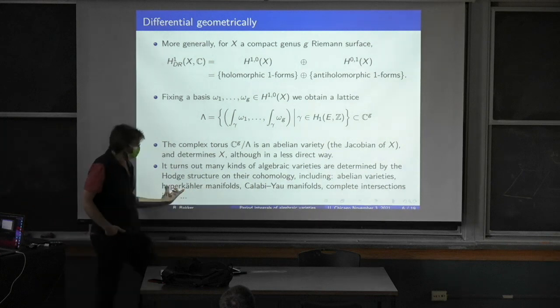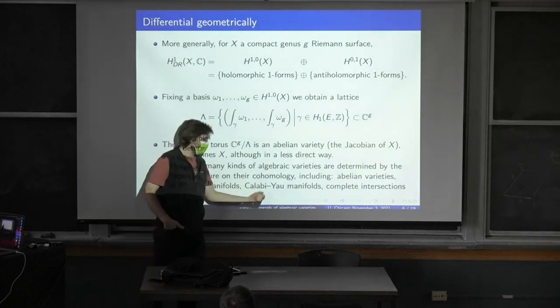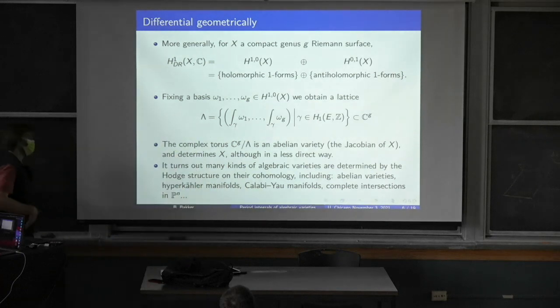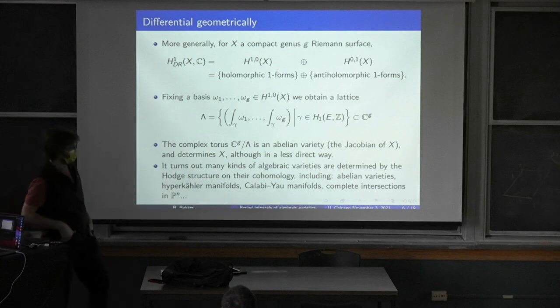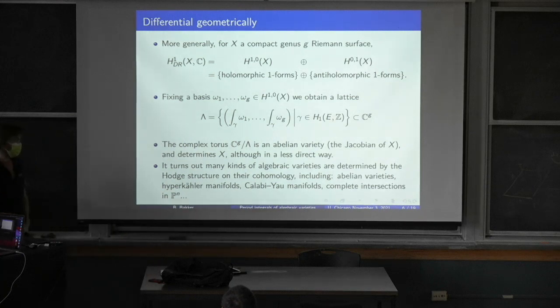Slightly more mysteriously, this is true for hyperkähler manifolds and also true for Calabi-Yau manifolds. And just to throw in another example of a different flavor, most complete intersections in P^n are also determined by the Hodge structure on their cohomology. Okay, so this is a pretty powerful invariant.